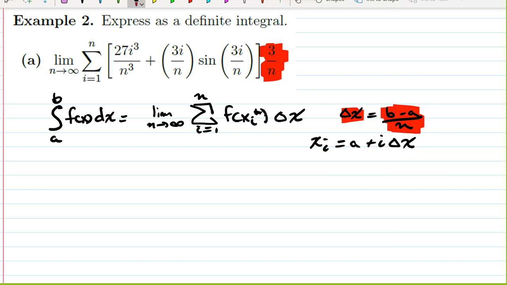Well, it tells us that b minus a has to be 3. Furthermore, since this is our delta x, we know that it is also equal to this. So this gives us then that x sub i is equal to a plus i times 3 over n.